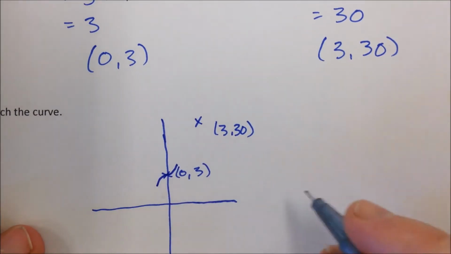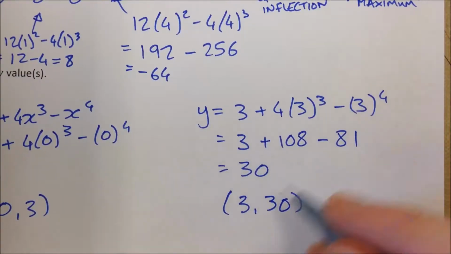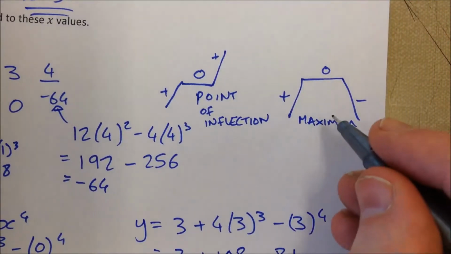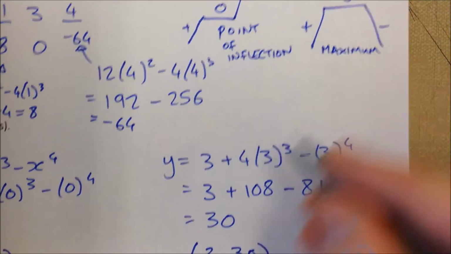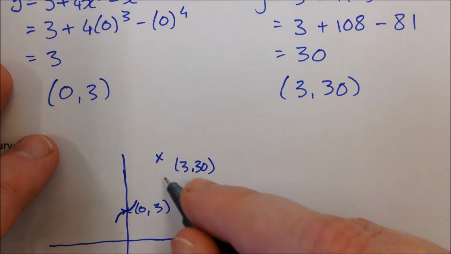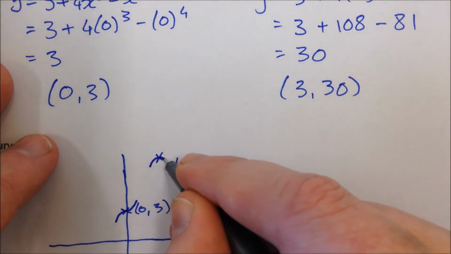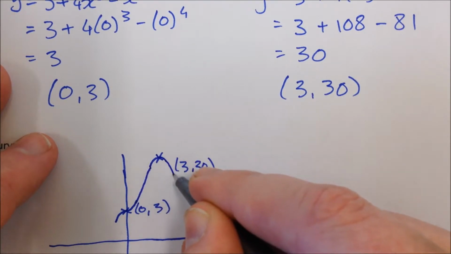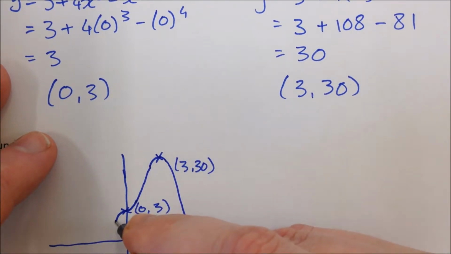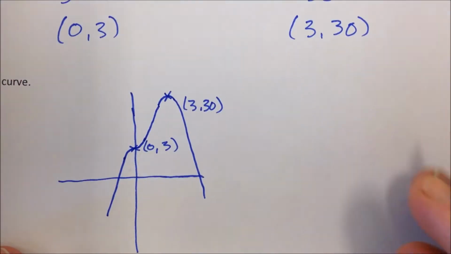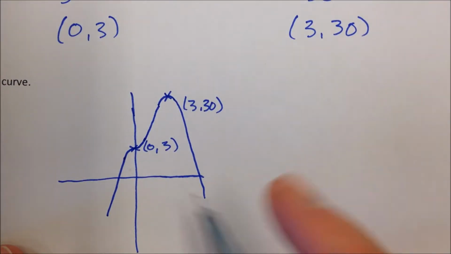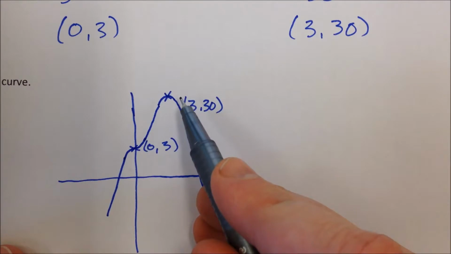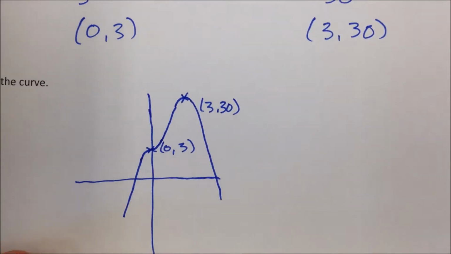I'm just drawing a little bit, I'll flesh it out further in a minute. And then we've got a maximum, and the maximum is the second one. So the maximum goes here. Now if we join them two up, it is going to look like that. Point of inflection, maximum, those are the two coordinates.